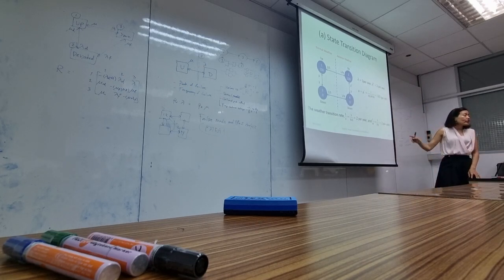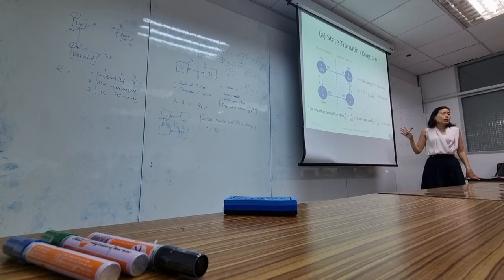When you work on this problem, try to make sure that you have the same units for everything. Just recheck that everything is in the same unit. If you use per year, use per year consistently. If you use per hour, consistently use per hour. If you use per day, whatever, just be consistent.